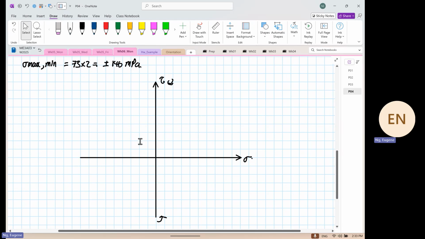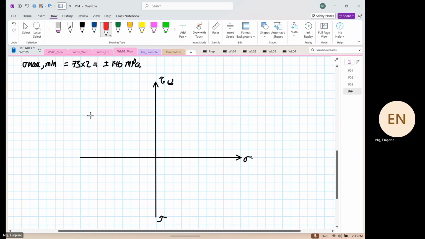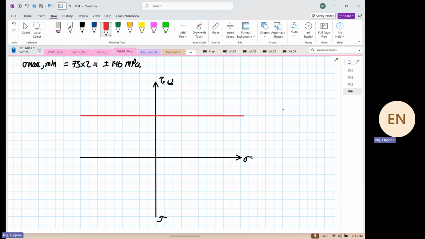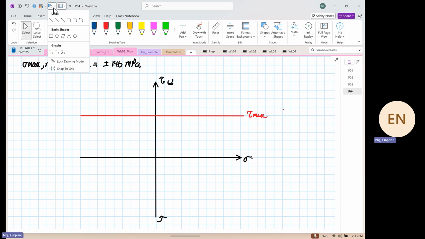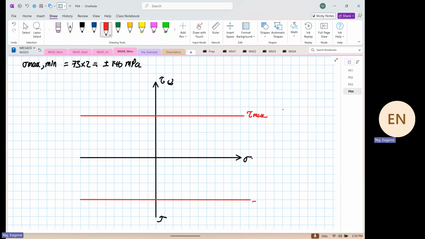And I'm going to sketch, as you can see, I think the resolution of the display is good enough. I'm going to sketch 5 squares above, a red line, and this is going to be my tau max. And the bottom red line is also my tau max, or I put it negative down here.